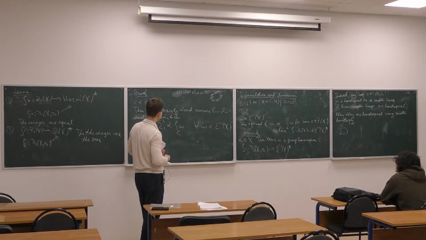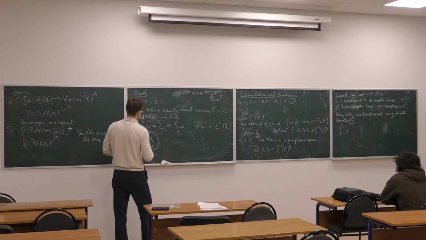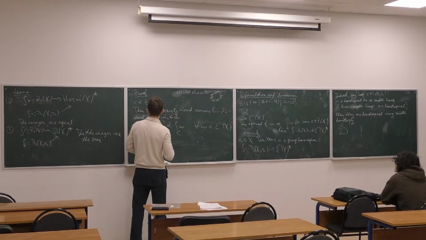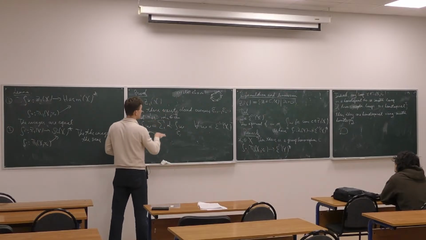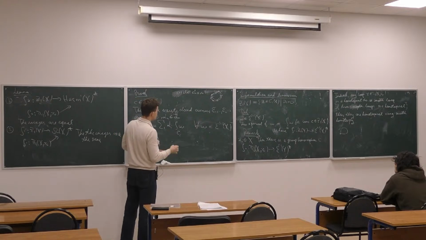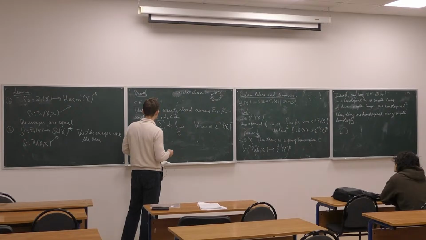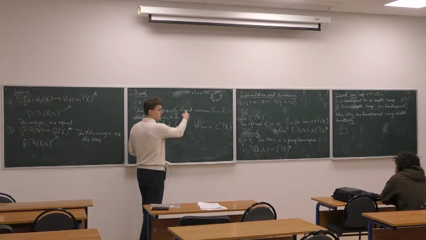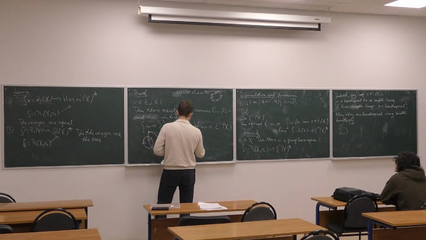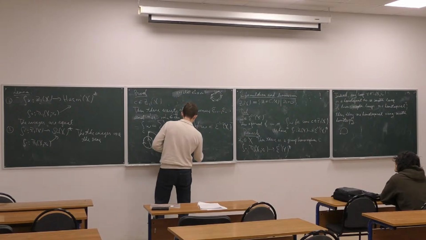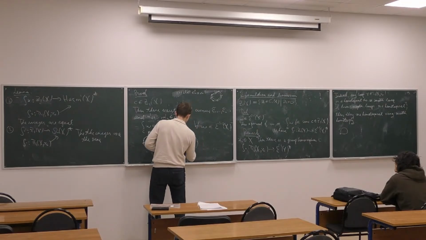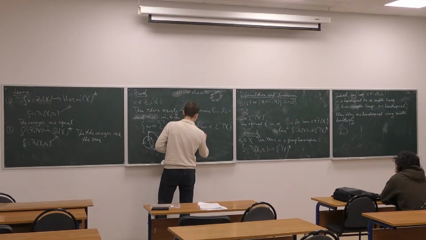So if you want to consider integrals over a closed chain, you can equivalently consider integrals over linear combinations of closed curves. So you can replace your chain by a linear combination of closed curves.